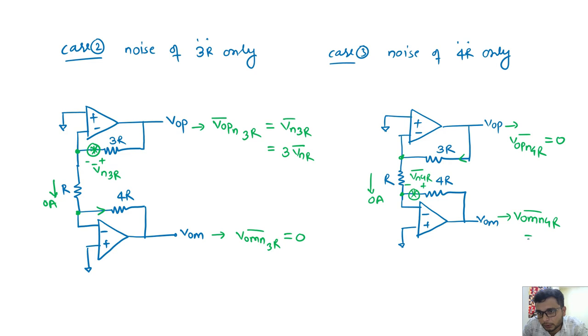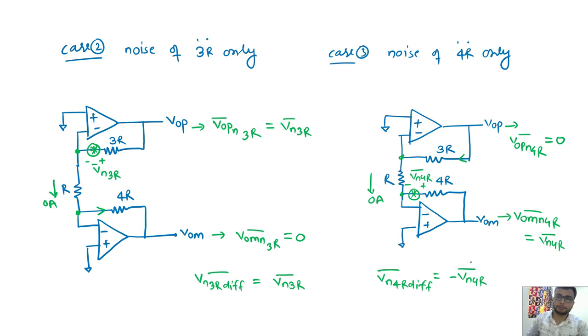It is directly Vn of 4R. I am not writing this here, we will see it later. So what is the differential noise for both? The differential noise due to 3R is Vn of 3R, and due to 4R it is minus Vn of 4R.